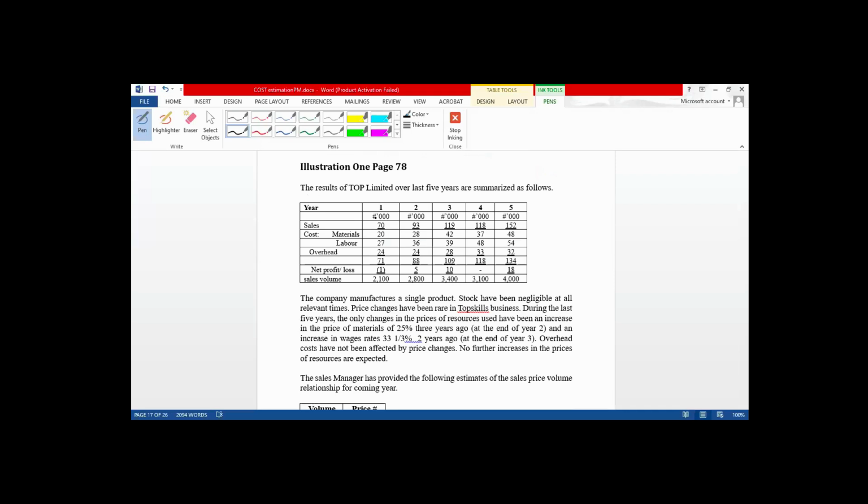Look at that 30. Examiner attached Naira value to it. It now says 70,000, that's 70. Now look at volume. Volume is never stated in Naira. Volume is given to you in units.